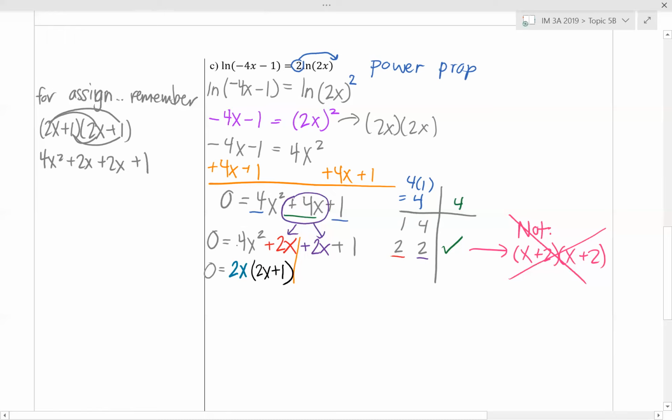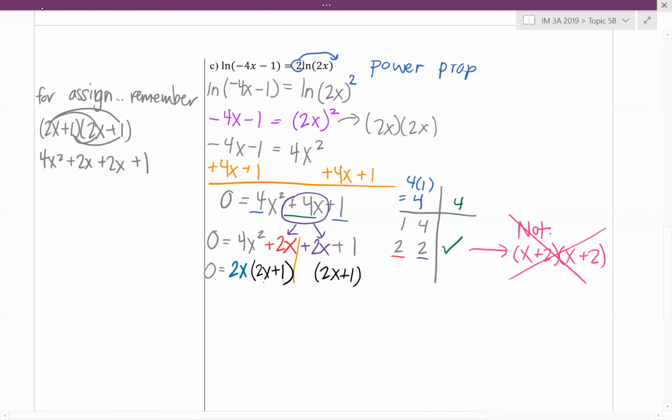So we're dividing both of these terms by that 2x. 4x squared divided by 2x gives us 2x, and 2x divided by 2x gives us 1. For this one, we also want to get that 2x plus 1 left over.